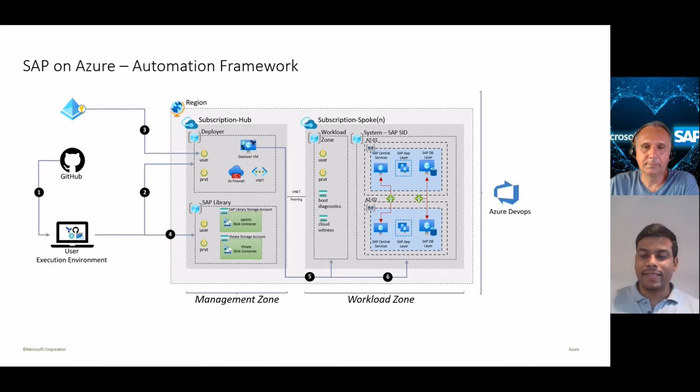So once this base is set up, then you can define and design your workload zones. Workload zones are effectively a mapping to your SAP tiers. For example, your development, your QA or test, all the way up to prod. So you can have a one-to-one mapping for the workload zones in that case. And then you can deploy the resources for the virtual machines with all the combinations that we were just talking about: availability sets, availability zones, different SKUs, different storage configurations.